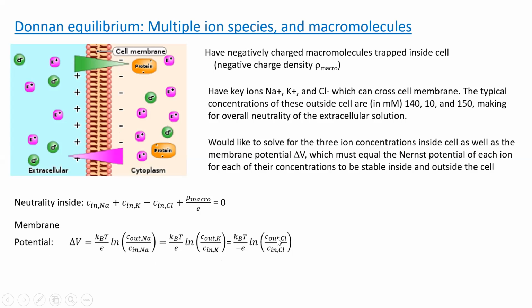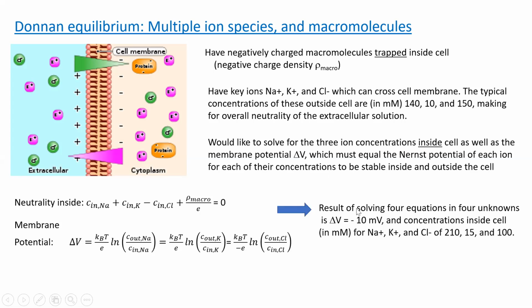So that's 4 equations, and we have 4 unknowns, which are the 3 ion concentrations inside the cell and the membrane potential delta V. The result of solving these 4 equations and 4 unknowns gives delta V as minus 10 millivolts.